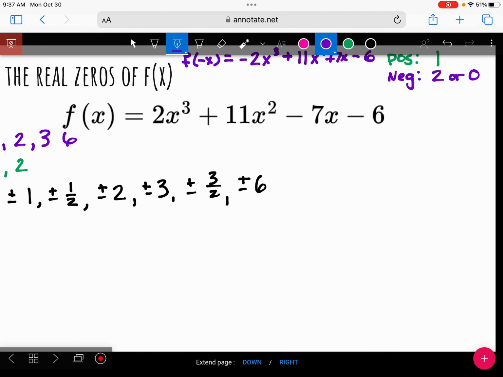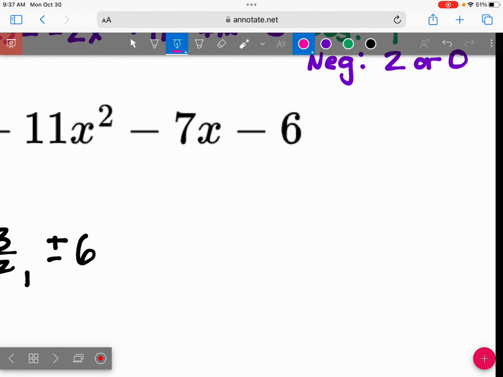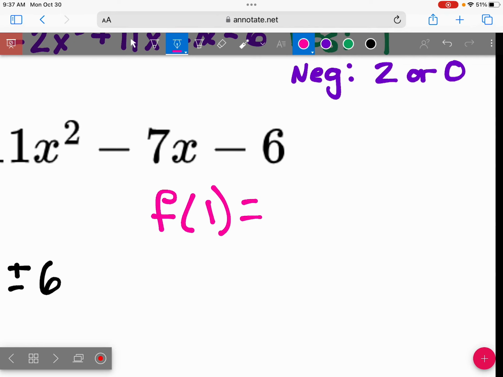So we're going to substitute into our function rule. What do you want to start with? 1. Always an easy one to start with. So 2 times 1 cubed is 2. 11 times 1 squared is 11.